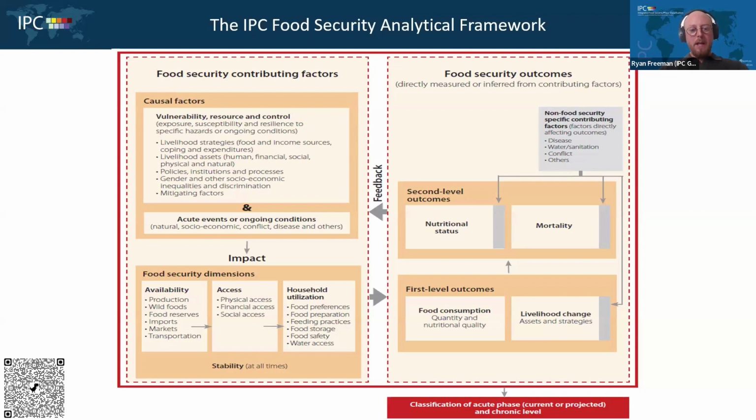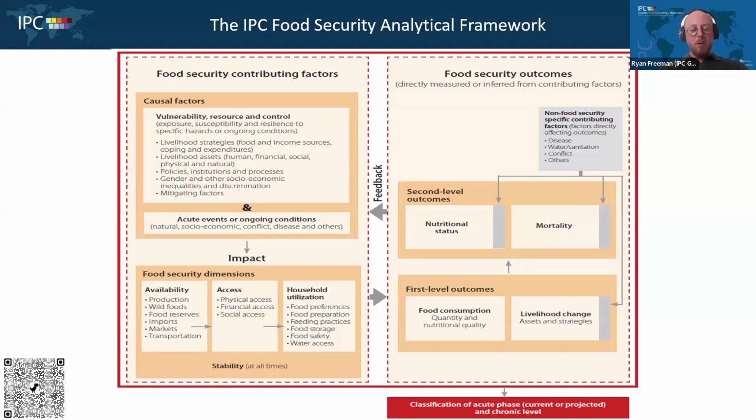Another way we're going to be looking at that is the access. What are the different access pathways that these communities or individuals or households have to those different available food resources or food sources? So physical access, this is a good example of maybe I have a farm, I have the crops that are physically available behind my house, they're in the community, I can have physical access and go to get them.